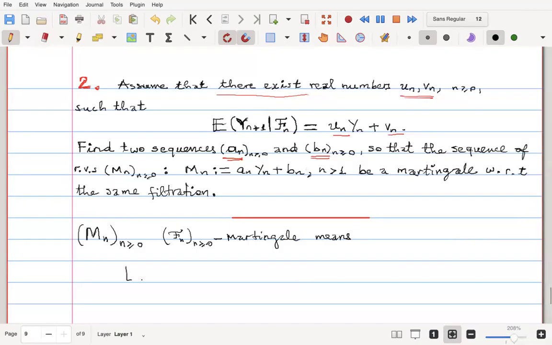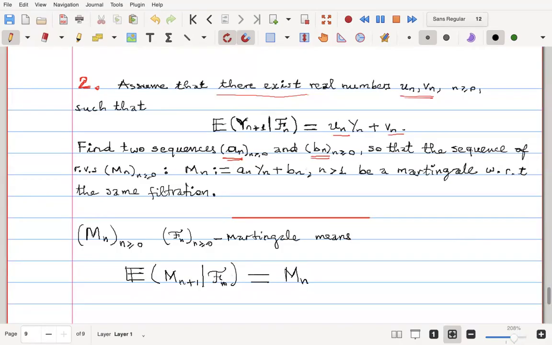That the conditional expectation of Mn plus 1 given Fn is equal to Mn. So that's what it means.